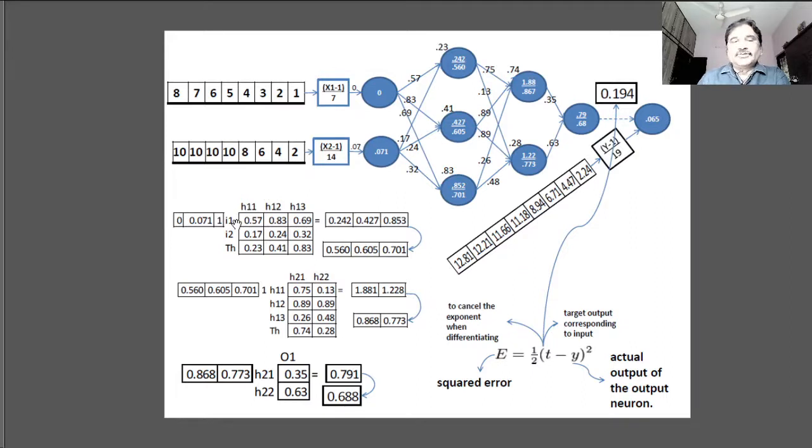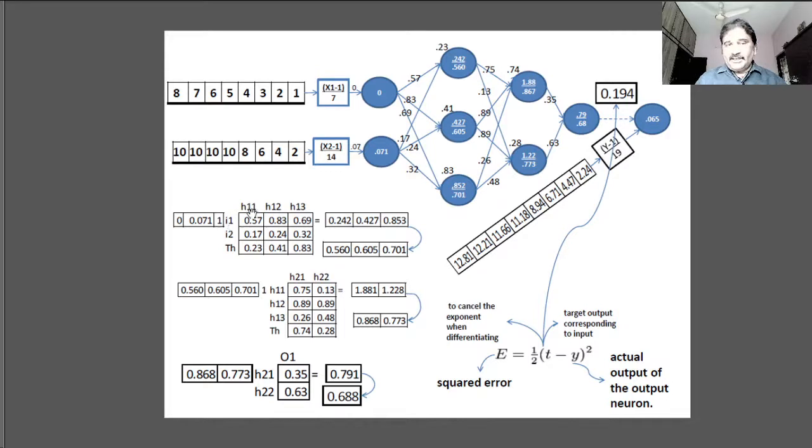Here you see that this is I1 and this is I2, and this I'll be calling H11, H12 and H13. That is, H11 is the first neuron in the first hidden layer, H12 stands for the second neuron in the first hidden layer, and H13 stands for the third neuron in the first hidden layer.